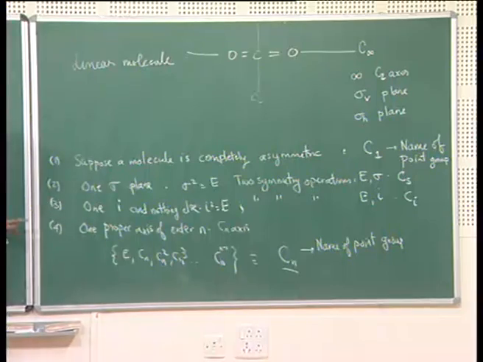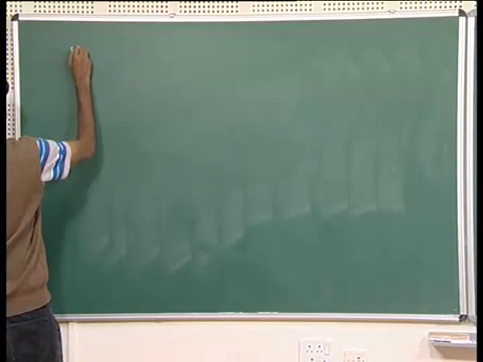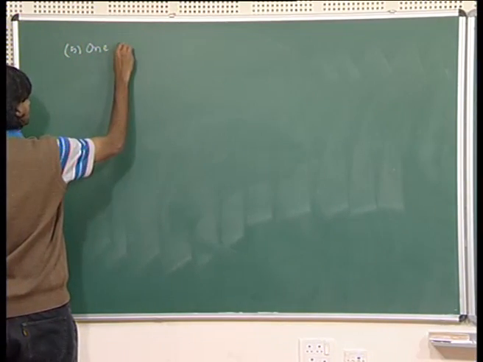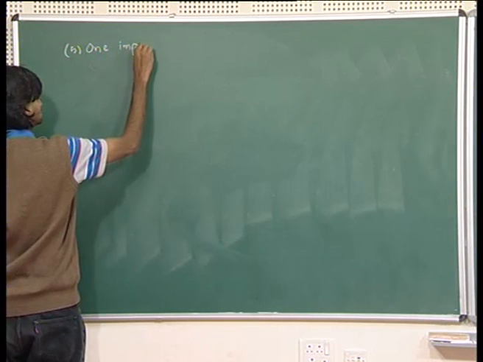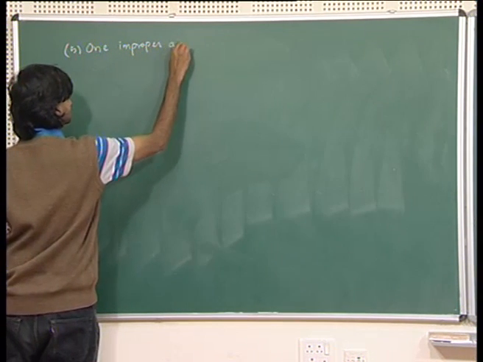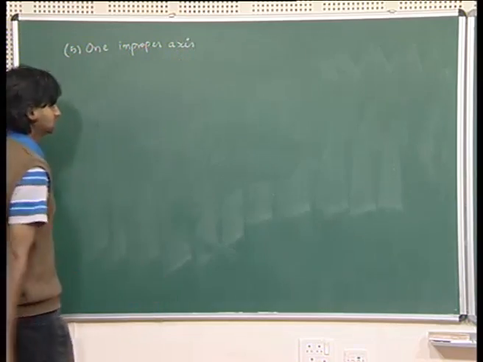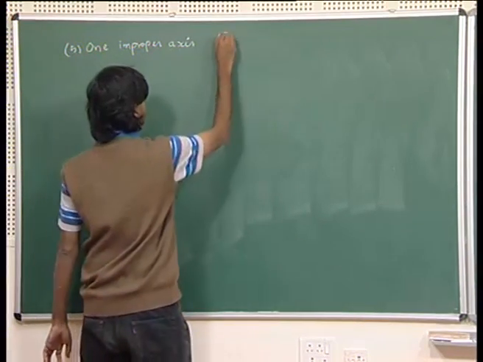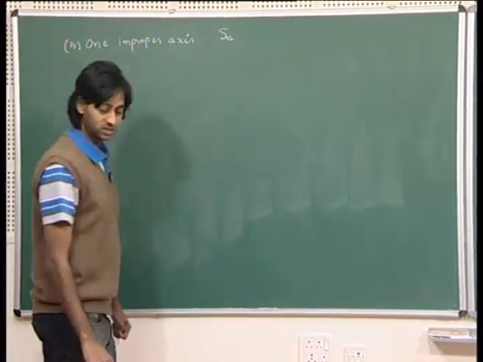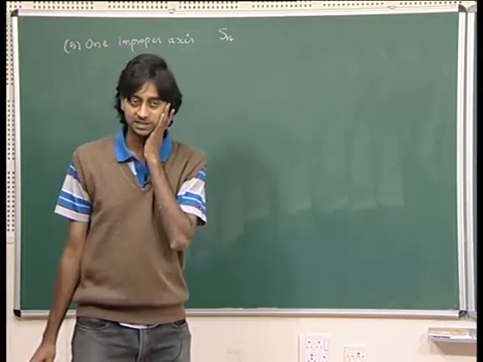Next, what happens if it contains one improper axis? One improper axis Sn. Okay, so, if it contains only one improper axis Sn.